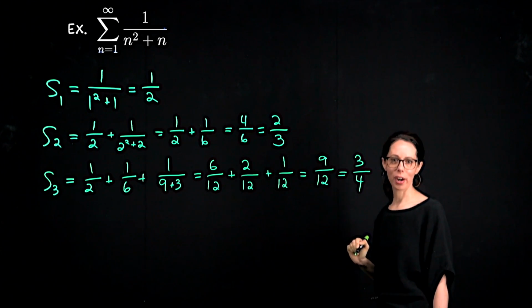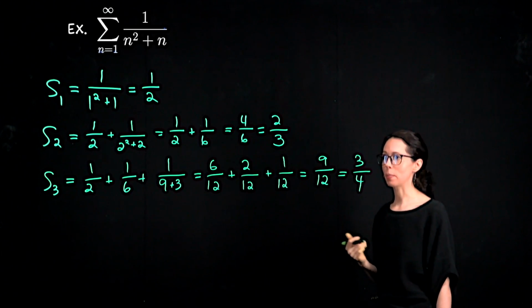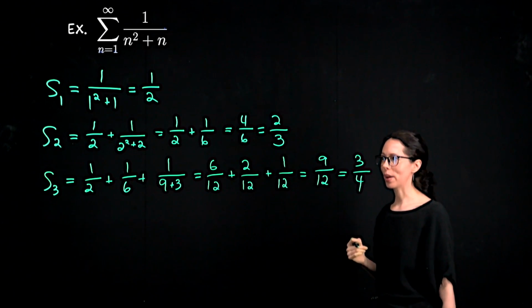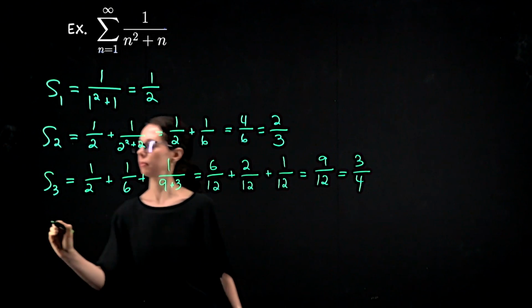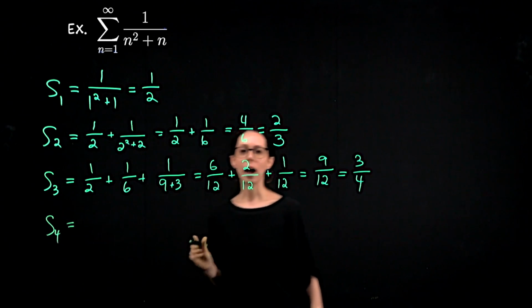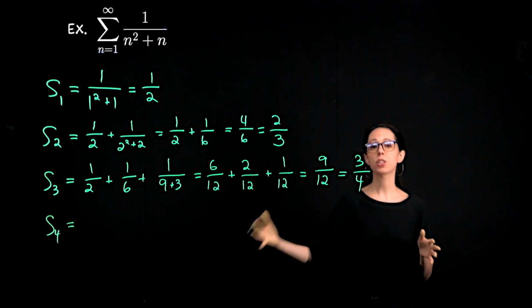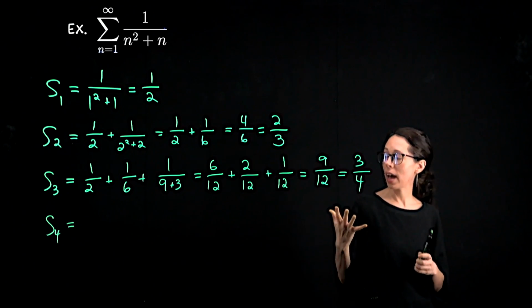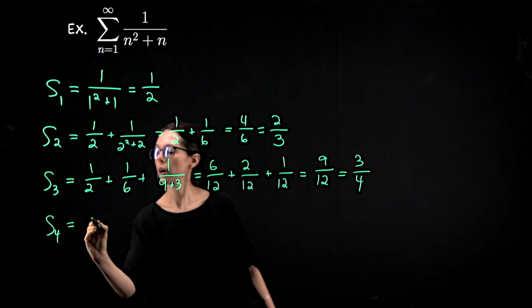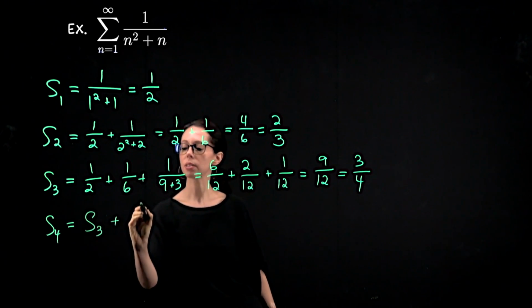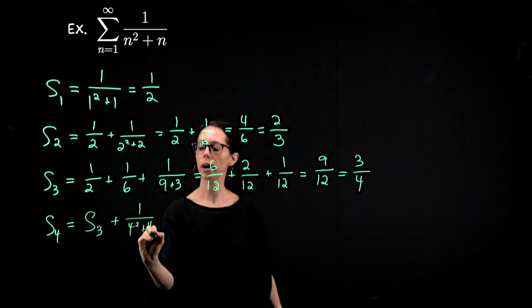Let me write one more, and then we will write down a general pattern, which you may be spotting as I continue to write these partial sums. If we go on to S sub 4, I'm going to add up the first three terms and then add to that the fourth term. Adding up the first three terms is something I already did on the line just above. So S sub 4 I could think of as S sub 3 plus 1 over 4 squared plus 4.